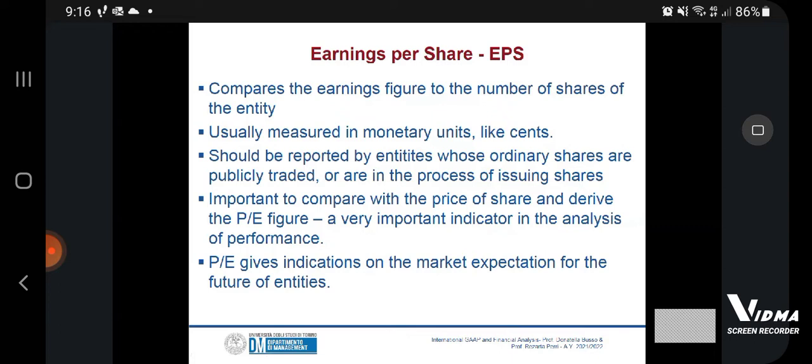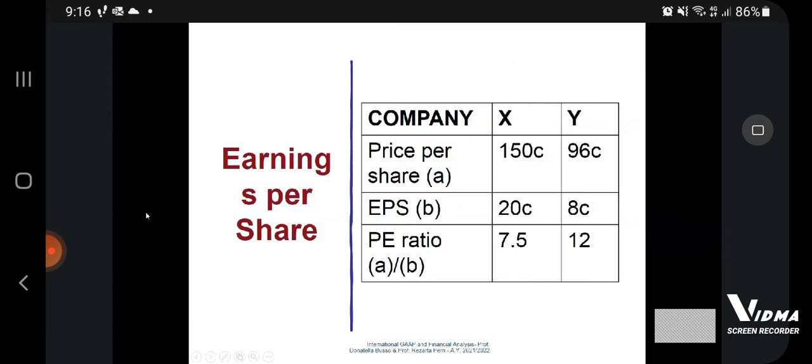Usually those companies that are expected to be successful and to grow in the future are characterized by a higher P/E ratio than the others. That means investors are willing to pay more compared to their earnings in order to have one share of those companies. Okay, let's have some kind of comparison with figures here.